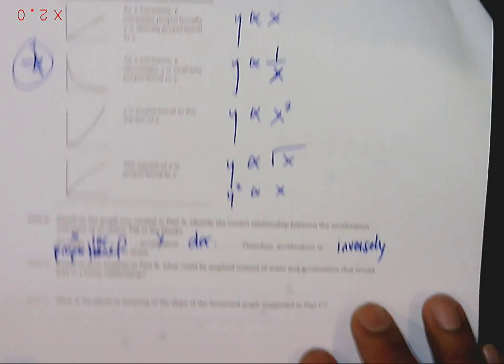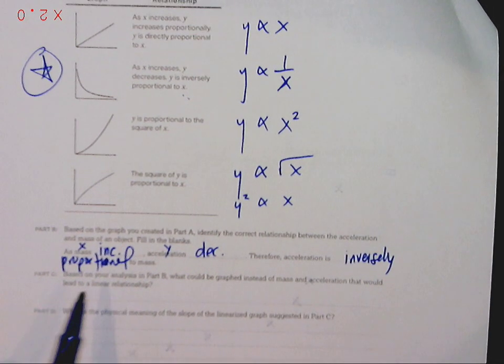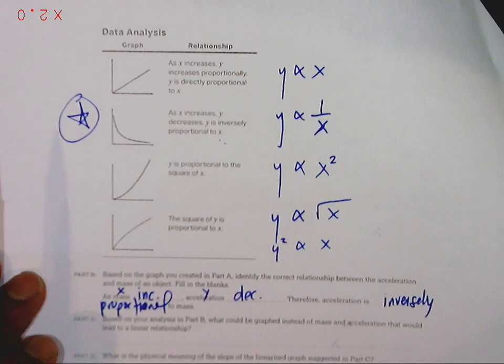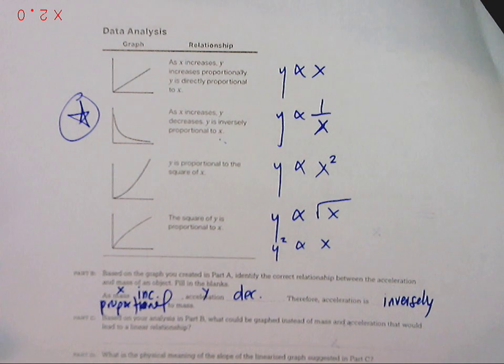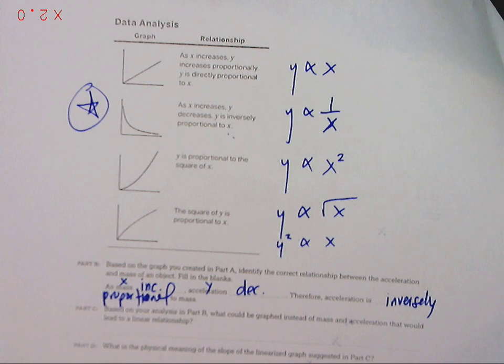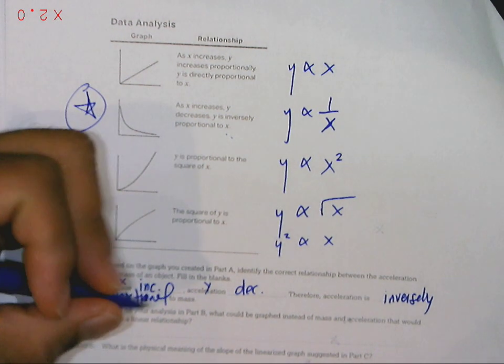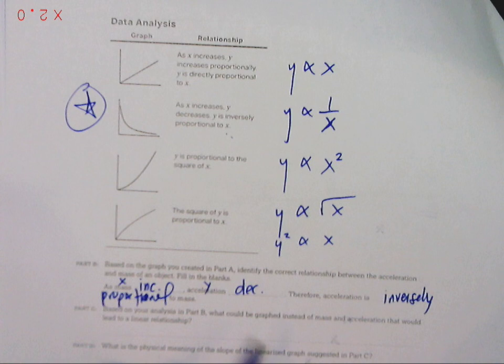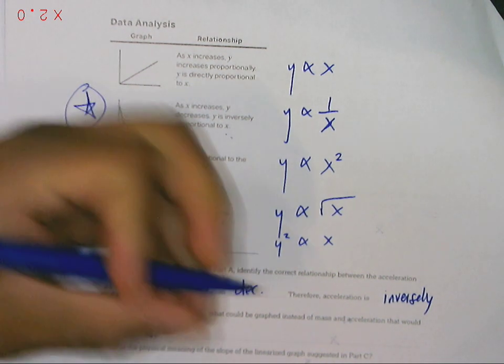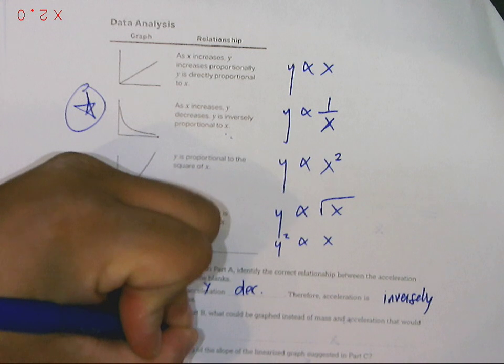So, based on analysis in part B, what could be graphed instead of mass and acceleration that would lead to a linear relationship? Well, this goes back to some of the worksheets we were doing in Unit 1, the kinematics unit. We can actually graph mass versus 1 over acceleration.